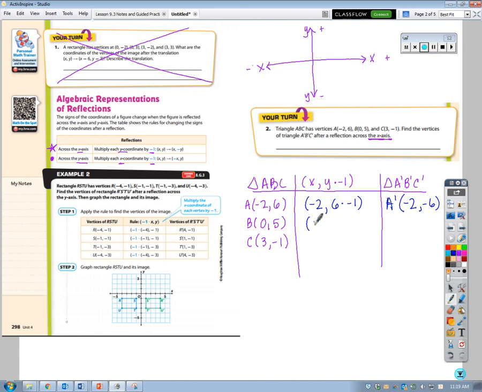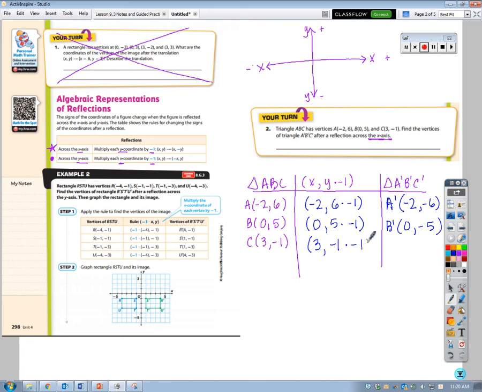For B, my x coordinate will not change, so it stays 0. Then I've got my y coordinate of 5 times negative 1. So 0 for my x, 5 times negative 1 is negative 5. For my C coordinate, point C, I've got x that does not change, and then I've got negative 1 times negative 1.